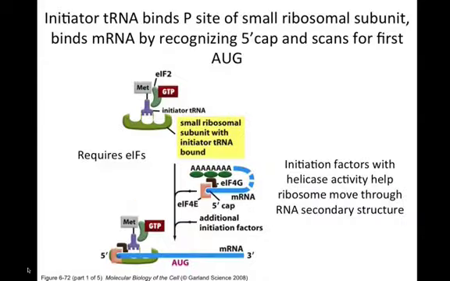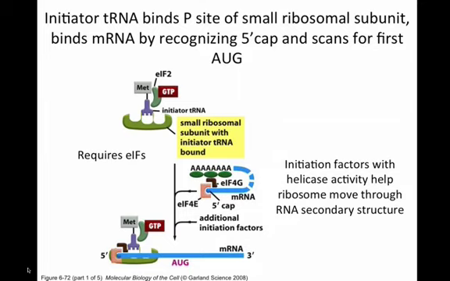I got this more specifically here. So the initiation factor brings in the tRNA to the P site and assembles with the small ribosomal subunit, which then the mRNA is brought in, and that all happens through interaction with the cap. See the cap?